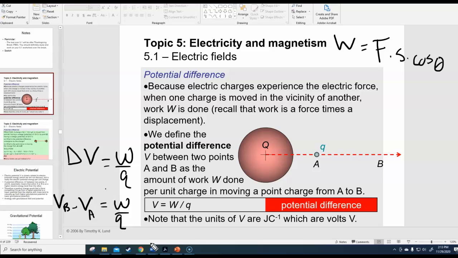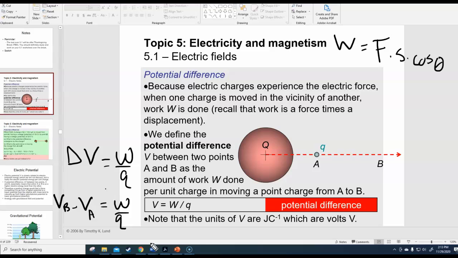And so if you've ever heard of volts or voltage, that is the unit for potential difference. Okay, so a lot of people will say voltage, but what they're really talking about is the potential difference between 2 points. So the units for electric potential and potential difference are volts.